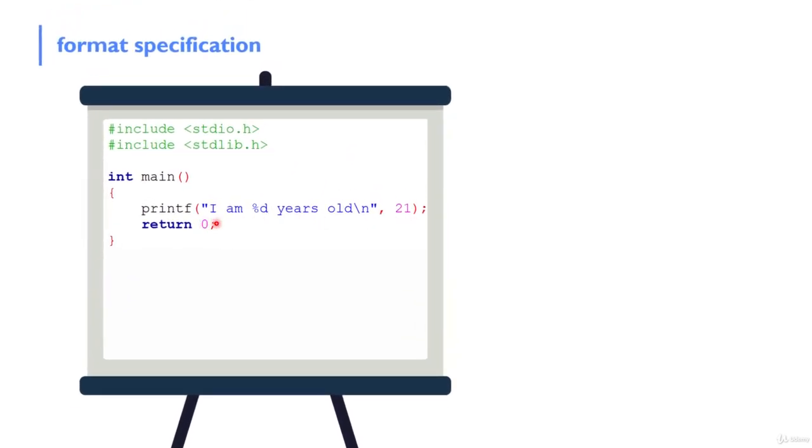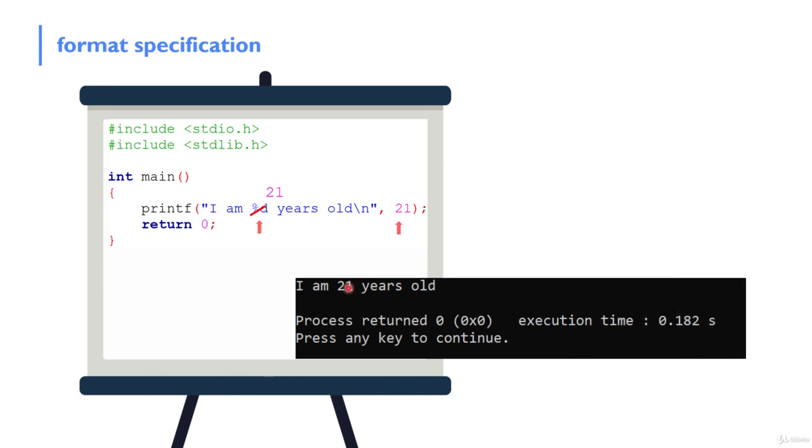We should use printf "I am %d years old" and just use 21 after the comma. So the %d will be replaced by the first number that comes right after the double quotes and comma, this 21 will be put here, and it will be printed out to the screen: I am 21 years old.